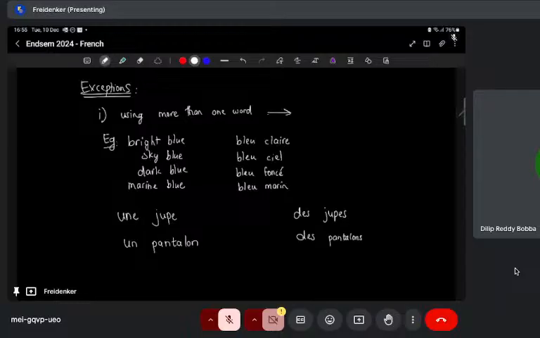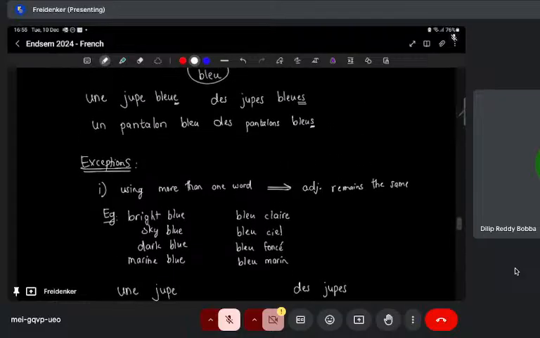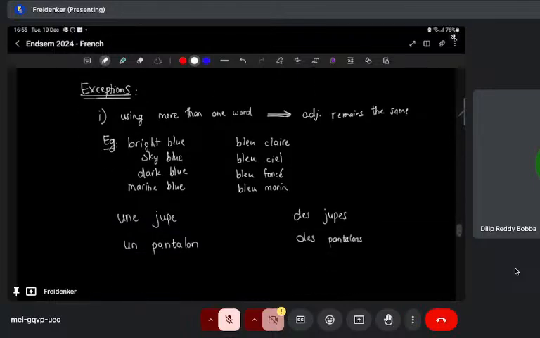So that would mean the adjective remains the same. Previously I had to change the spelling of blue, right? Here I don't have to change the spelling. It will remain as it is if you're using more than one word.